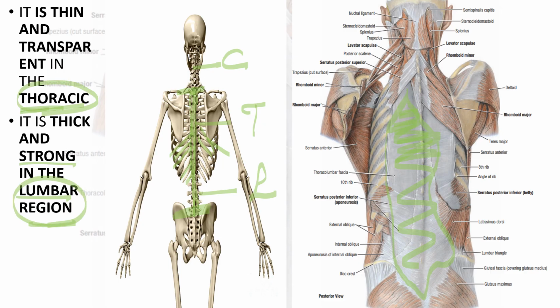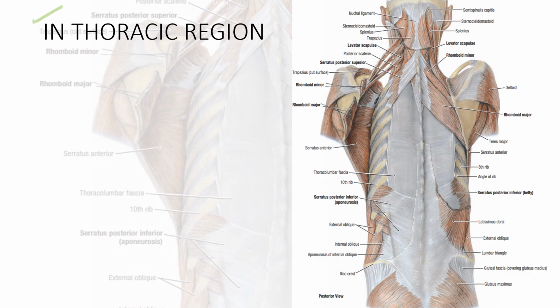Thoracolumbar, students, just remember this word, it is quite easy then. In thoracic region, first of all, medially we have the spine of the vertebrae; we keep talking about it. So medially the attachment of thoracolumbar fascia is this spine, whether I talk about thorax part or lumbar.